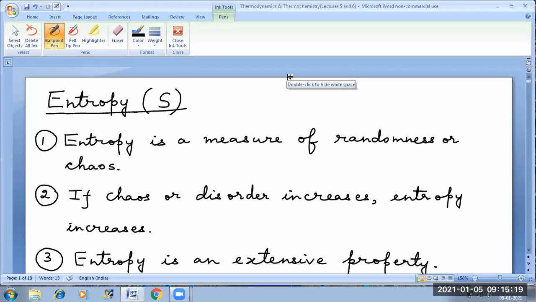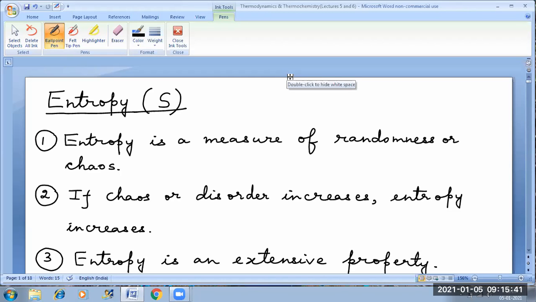For example, if a person is running, then his entropy is high. But if a person is sitting at one place, his entropy is low. Why? Because if a person is sitting at one place, he is not in motion. That means the disturbance or chaos in his body is less. He is not moving much.